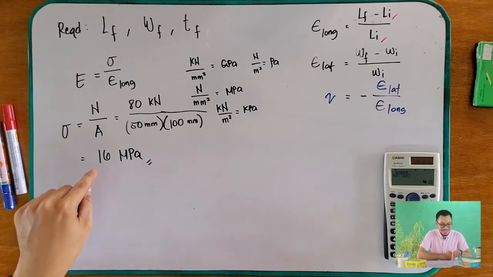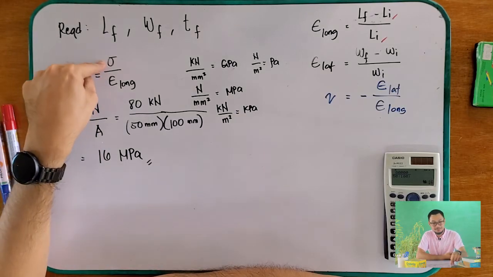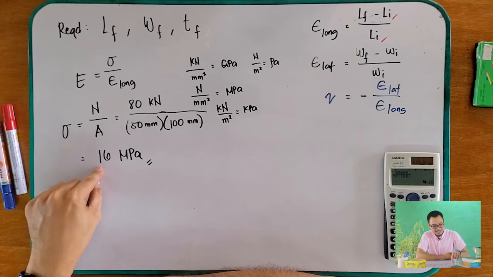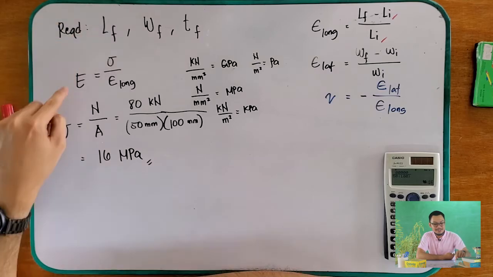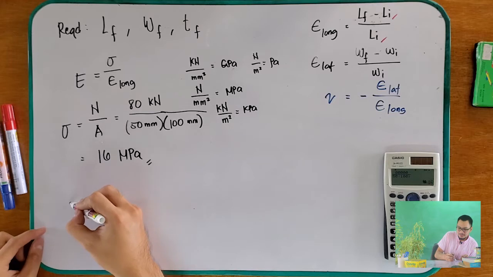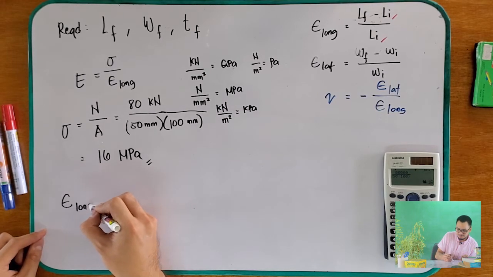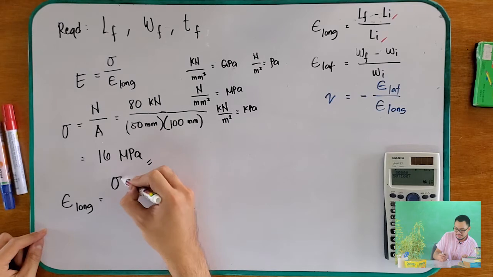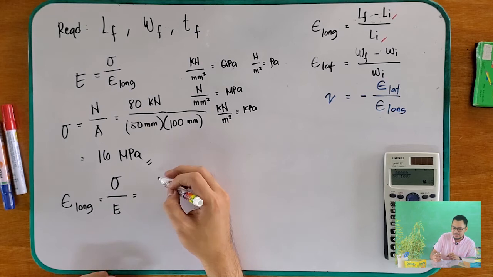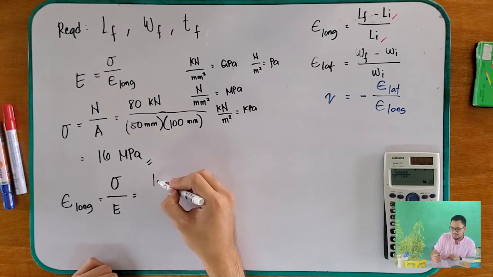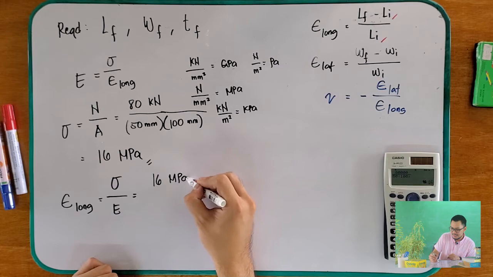And we can now apply this in this equation. Right? Because we can substitute 16 in this stress, and you have your modulus of elasticity given. So, longitudinal strain is equal to the stress over the modulus of elasticity. And your stress, again, has a unit of 16 megapascals.